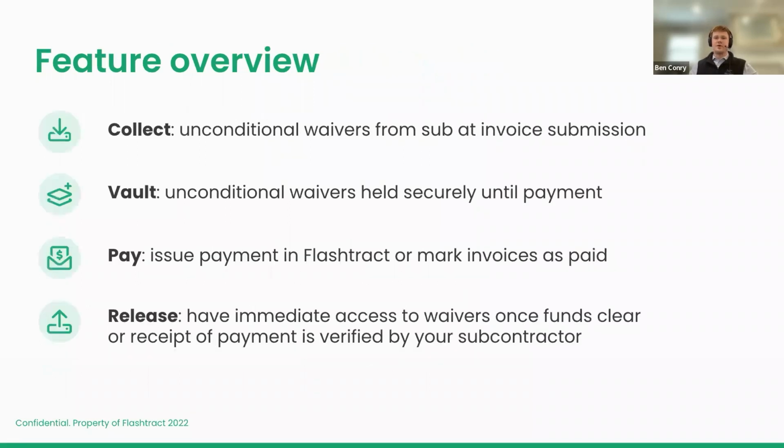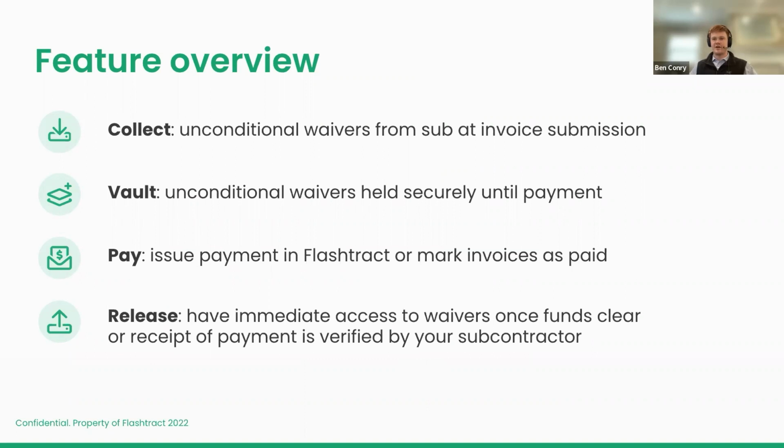So to give you an overview, and this is very high level. At a 30,000 foot level, how does the Unconditional Waiver Vault feature work in Flashtract? Well, it can be summarized in 4 major bullet points. We're going to collect unconditional waivers from your subcontractors at time of invoice submission. We're going to have all of the critical information needed to populate that unconditional waiver.